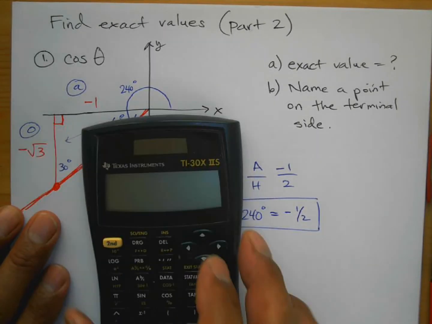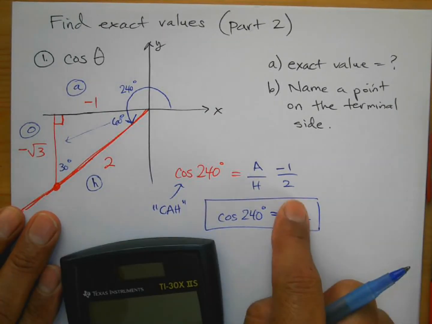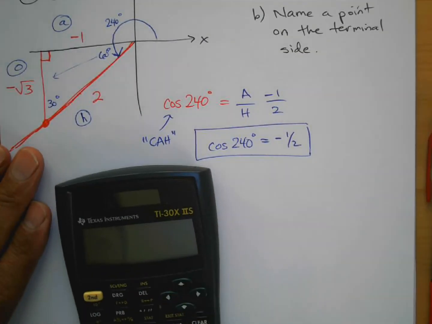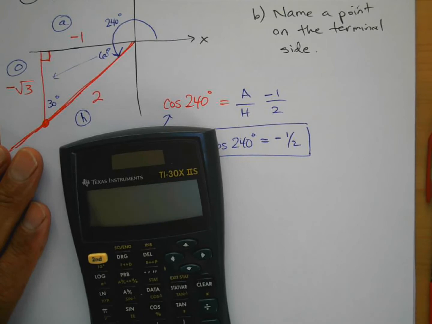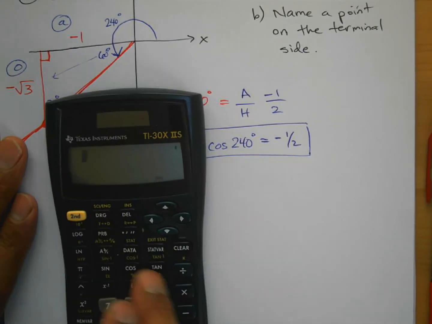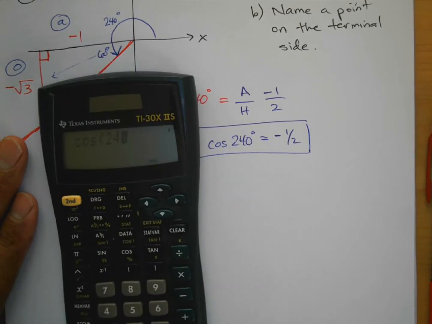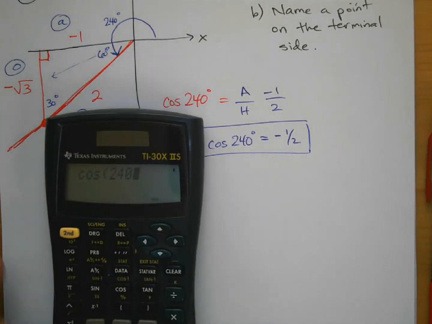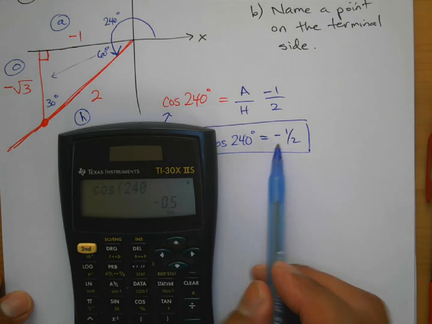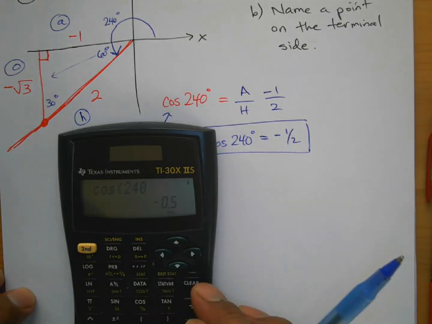And you can actually check it. Later you're not going to get a nice fraction like this. You're going to get some decimal values, but this one actually gives you a nice one. If you are checking this on your calculator, and I go to cosine of 240 degrees, guess what it's going to say when I hit enter? See, negative 0.5. That is exactly negative 1/2. That's correct.